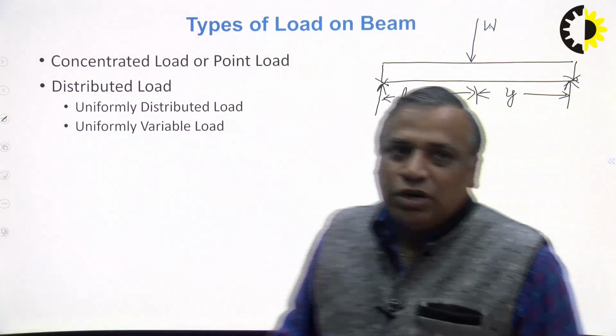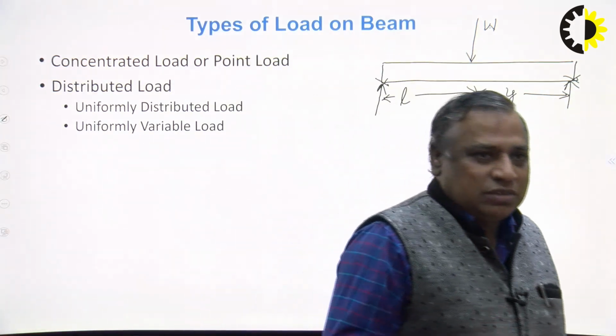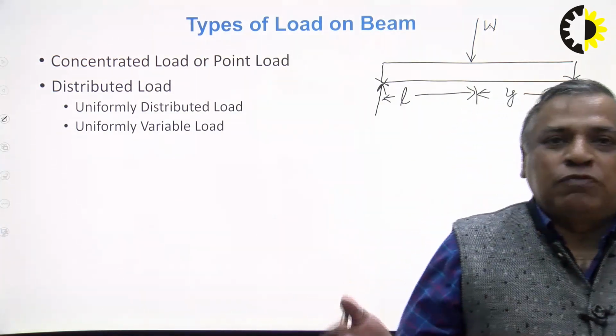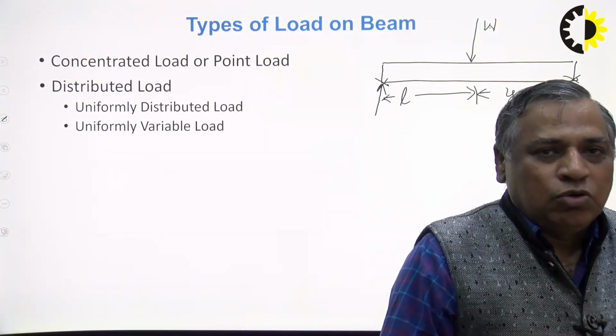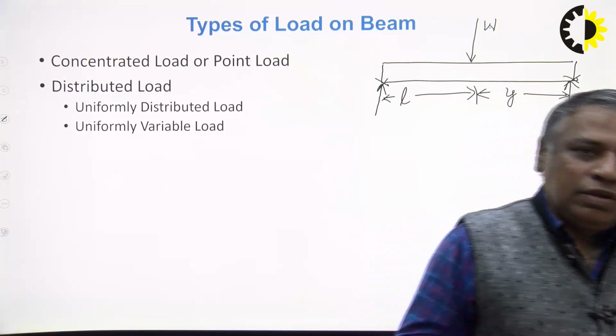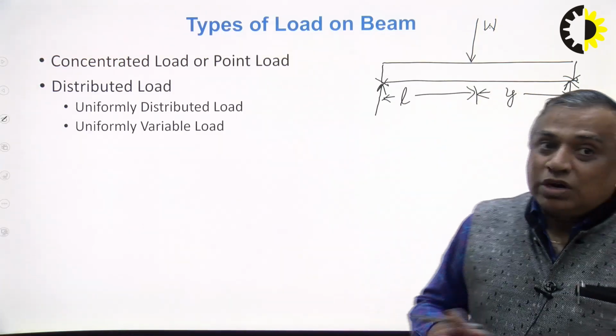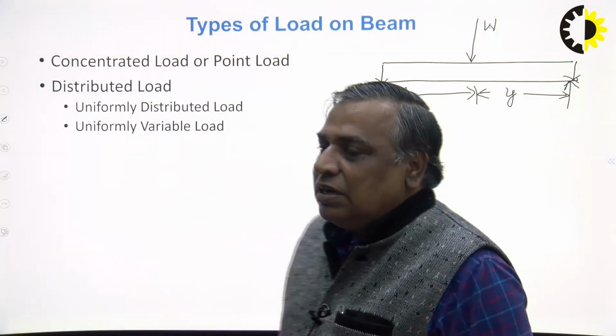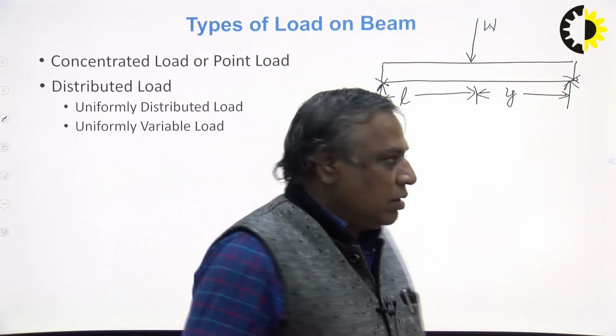If it is not a point load, then we have to perform some exercise to convert this other type of load into point load, and the analysis will become simple, because a point does not have any dimension in the analysis. It makes our analysis simpler.